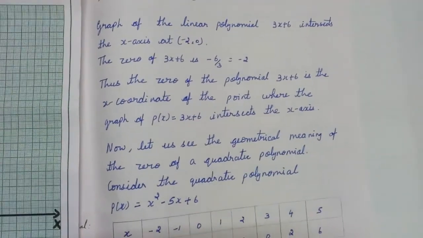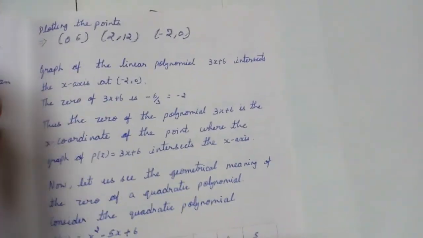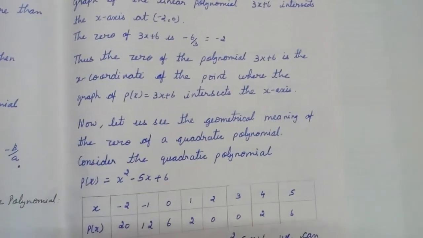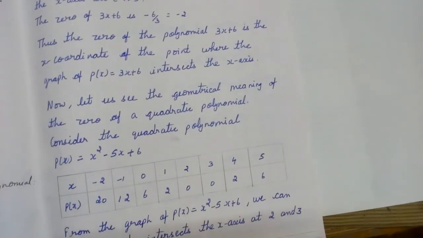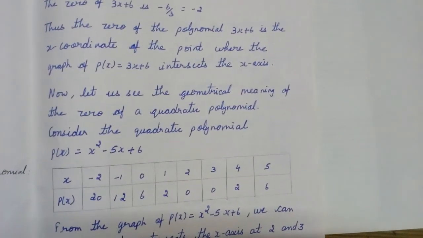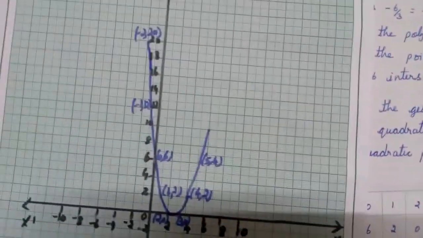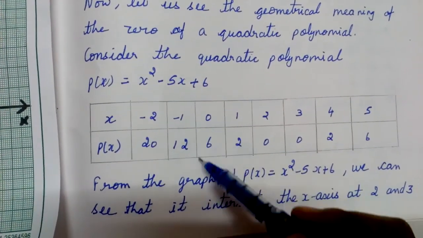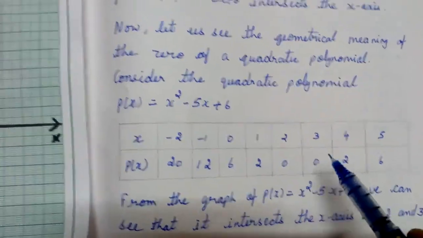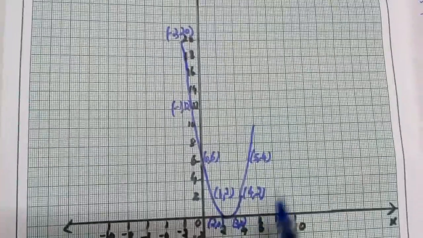Now, let us see the geometrical meaning of the zero of a quadratic polynomial. Let us consider the quadratic polynomial x square minus 5x plus 6. The graph of that polynomial is a curve. You substitute the values and get the corresponding values of p of x. When you plot this on the graph, you get this curve.